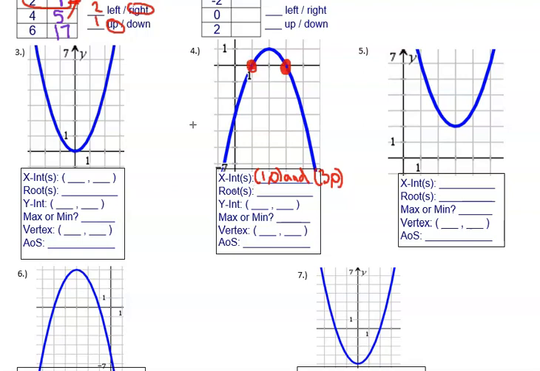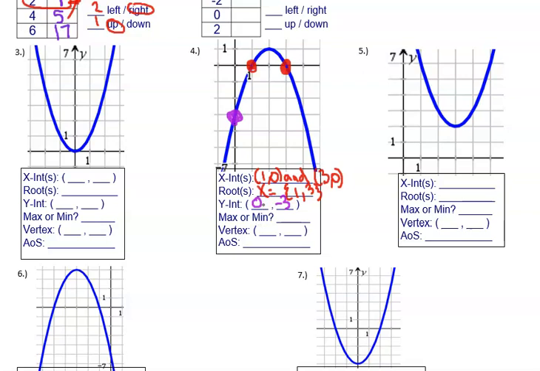Your roots is just x equals 1 and 3. And then the y-intercept would be where it crosses the y-axis. That's at 0, 1, 2, 3, negative 3.